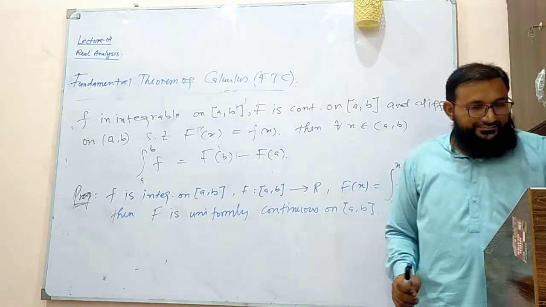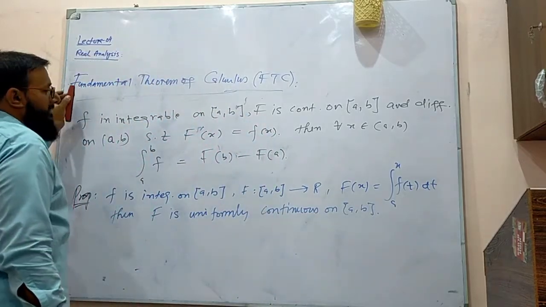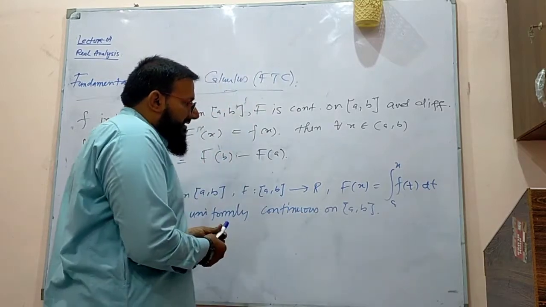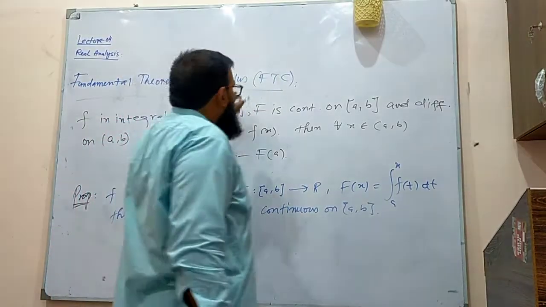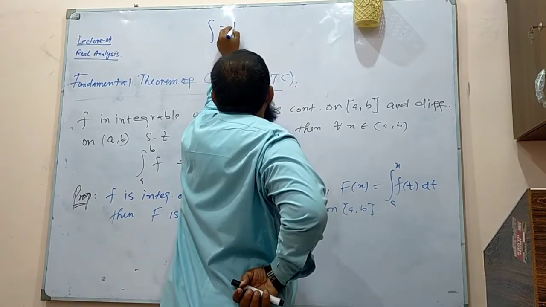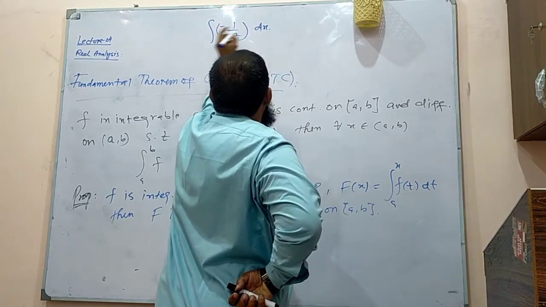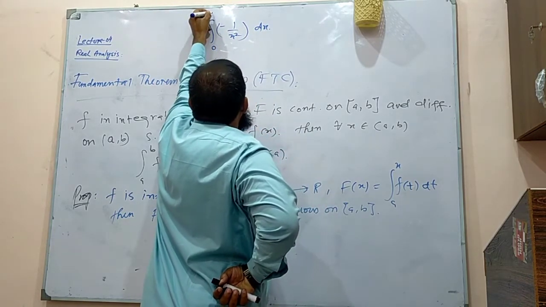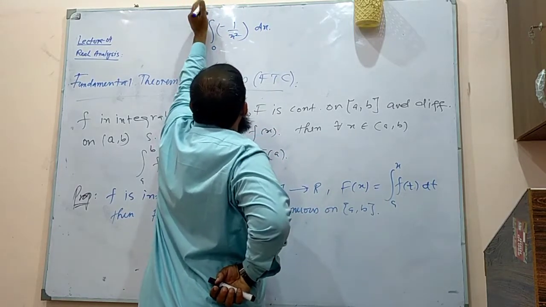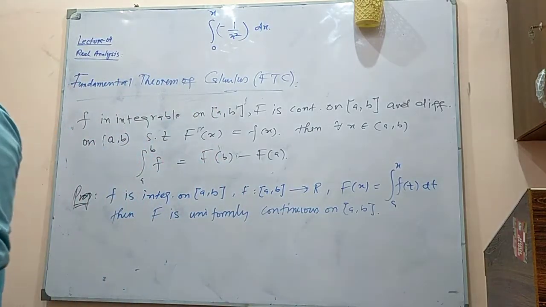Okay, so let us do one thing. Let me write an example here. You know very well that the integration from 0 to, let's say, a fixed x, what is the integration? 1 upon x.